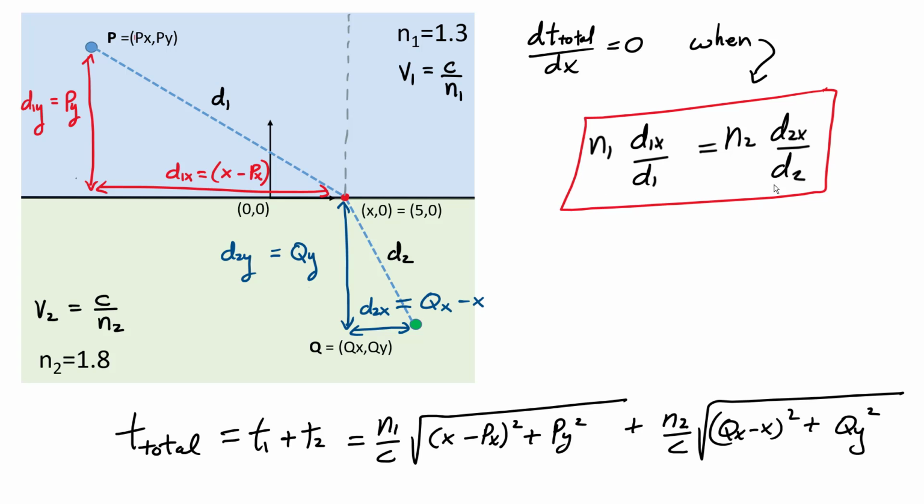So if you simplify that expression here, again, what we've done now is minimize the time, and that's what we're doing by differentiating with respect to x. You get to this expression right here. Now, we're going to simplify this one step further, okay? The first thing I'm going to do is, well, let's look at those distances. d1x is this distance down here.